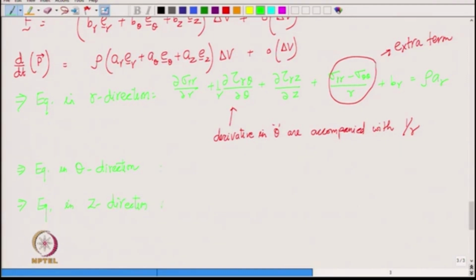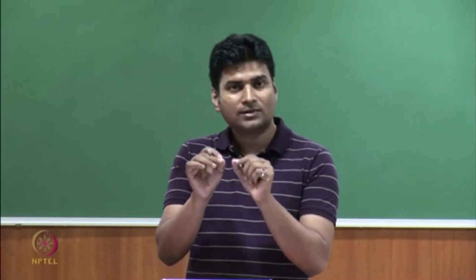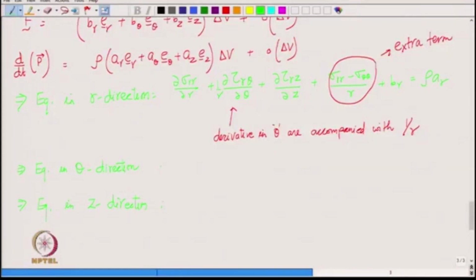So, they will have first of all the usual terms, the ones that arise in Cartesian coordinate system. So, for theta direction we have to look for all the traction components in theta direction, which are tau theta r, sigma theta theta and tau theta z. Okay. So, this becomes del tau theta r over del r plus 1 by r del sigma theta theta over del theta.